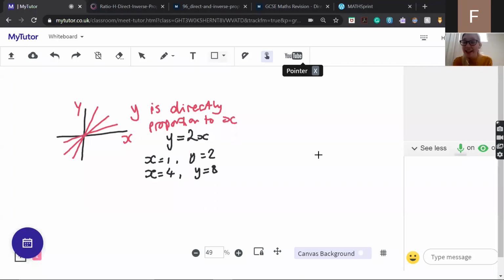We just want to know how to find out K. Now, the way to find out K is by using this second bit of information. I said they'll always give you one case where you have both bits.